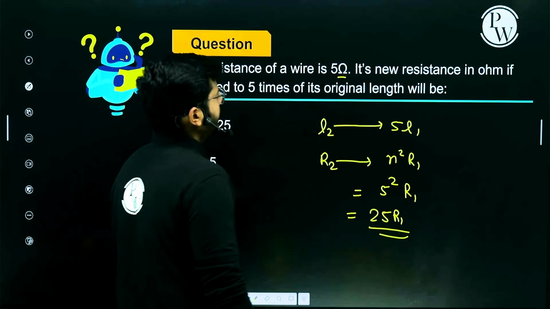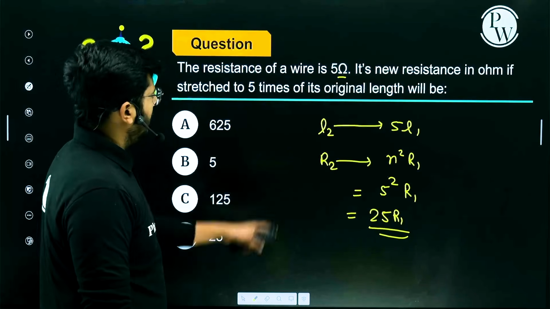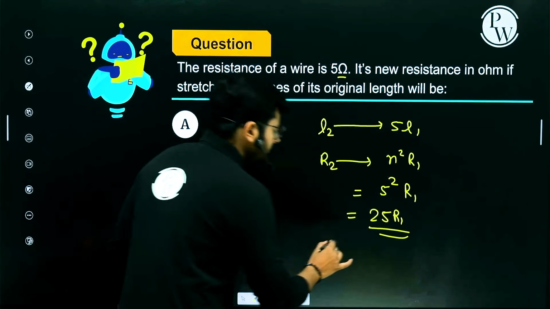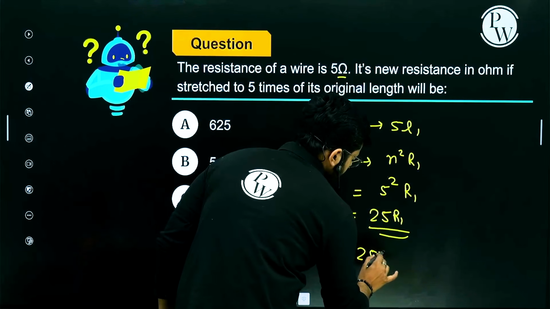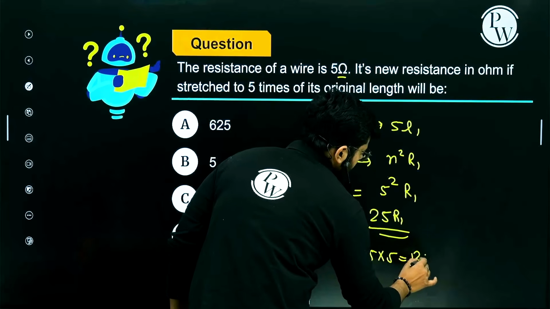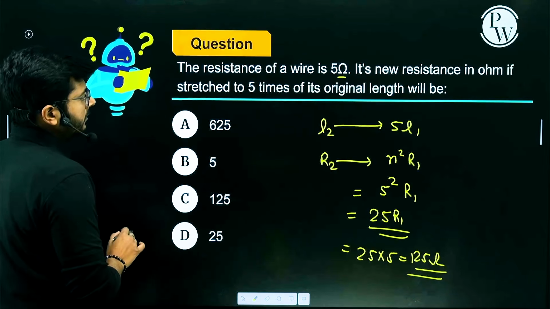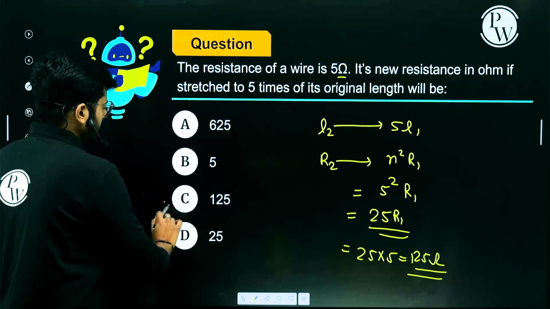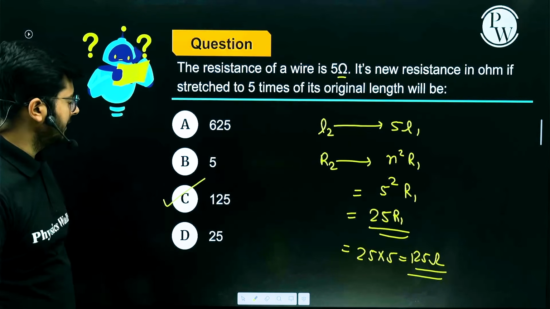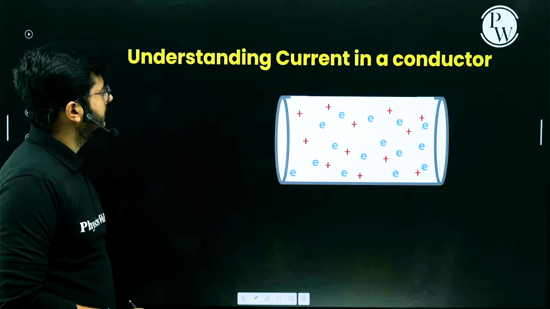I believe the idea is very clear, right? The original value was 5 ohm. Multiply that, it is 125 ohm. So the new resistance will be 125 ohm. Option C is going to be correct, right?